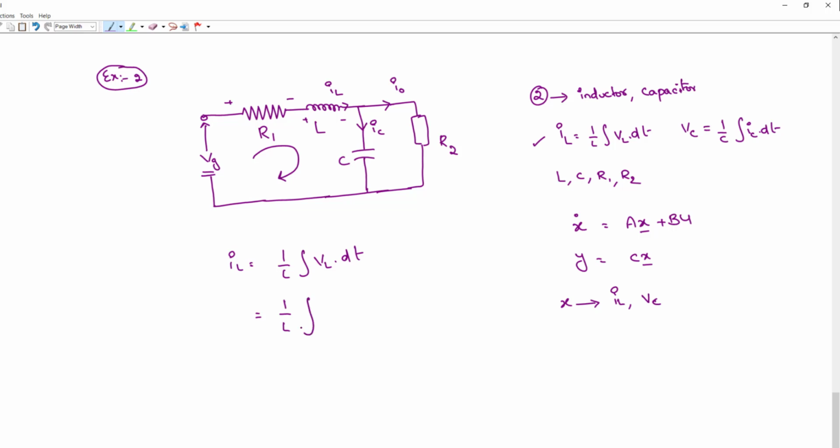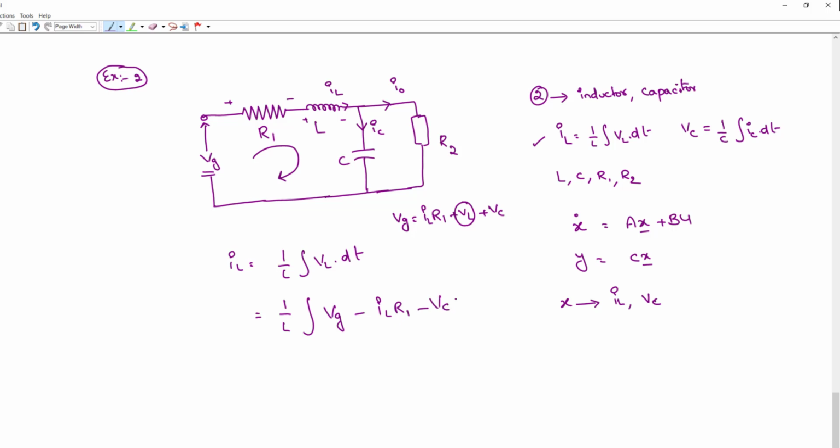Now 1 by L integral. The total voltage is Vg equal to IL R1 plus VL plus VC. Now I want only VL. VL is equal to the integral of Vg minus IL R1 minus VC. It's very simple.